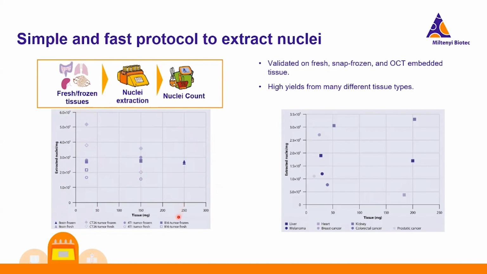It's not only that you can isolate nuclei from healthy tissues like brain, liver, heart, or kidney, but also from diseased ones like melanoma, breast cancer, colorectal, and prostatic cancer. Again, with a wide variety of input amounts, you are able to extract a lot of nuclei for your sequencing experiments.